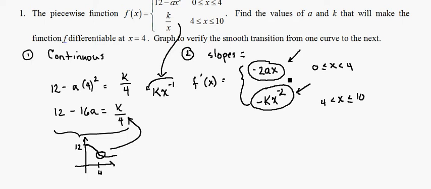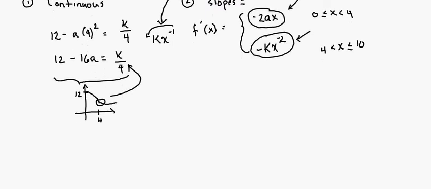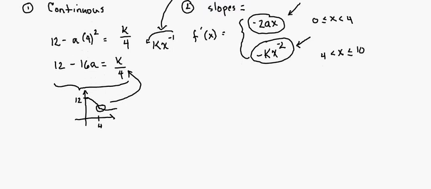By setting these two equal, what we're guaranteeing is that the function has no corners at x equals 4, that the transition is smooth. So we're going to do exactly what we did with continuity, except now we're going to set these two slopes equal at x equals 4. I'm going to rewrite this back in its exponent notation without the negatives. Notice we have a negative on both sides of this equation.